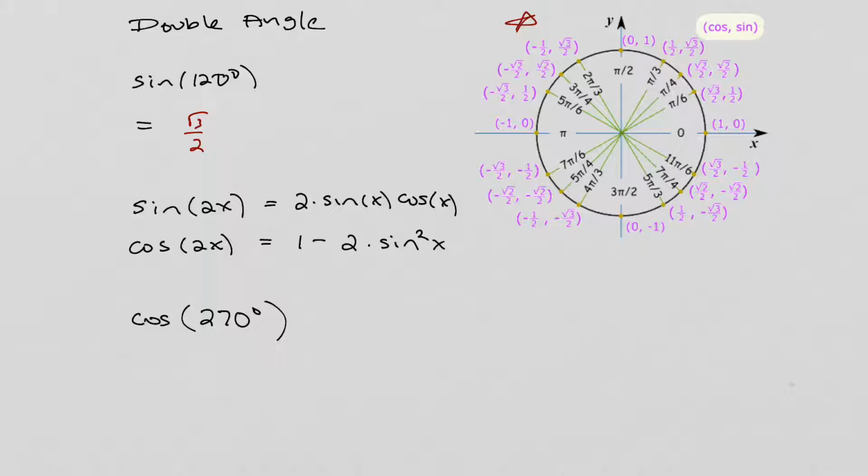That one's kind of boring because it's right there, and just by looking at the unit circle, we know the answer is supposed to be 0. Does our double angle formula actually back that up?